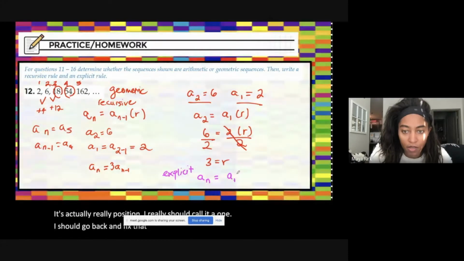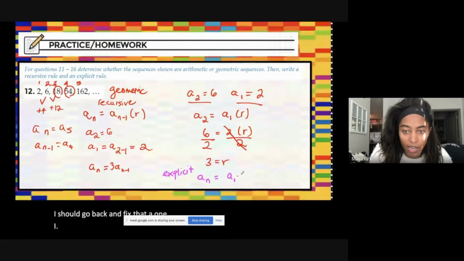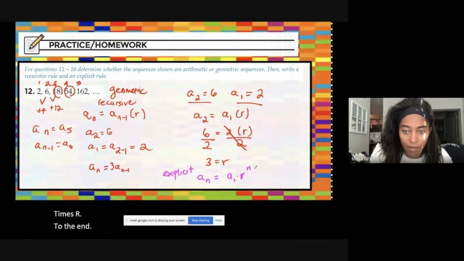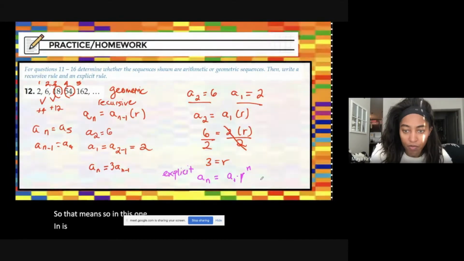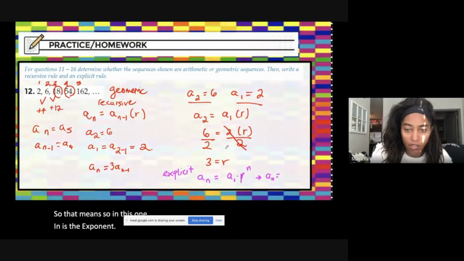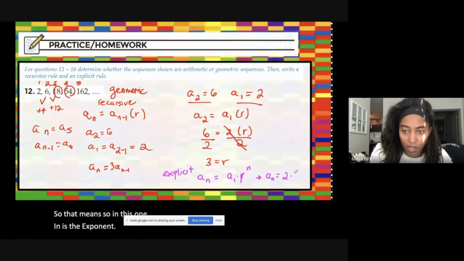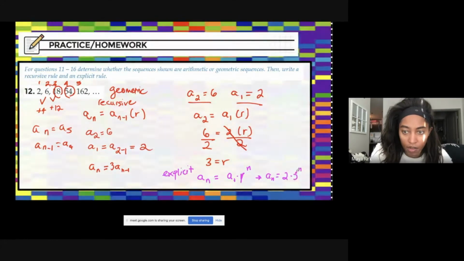A1 times R to the N. So in this one, N is the exponent. So for explicit, that's going to mean AN is equal to A1, which is 2, and then R is 3 to the N.